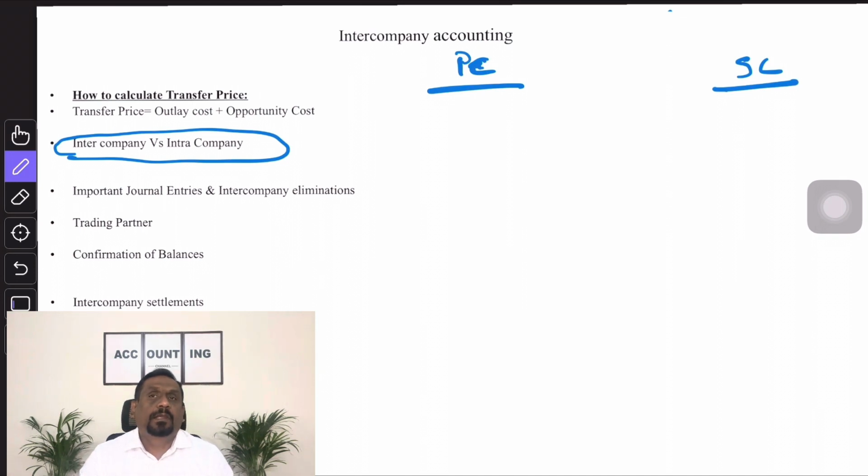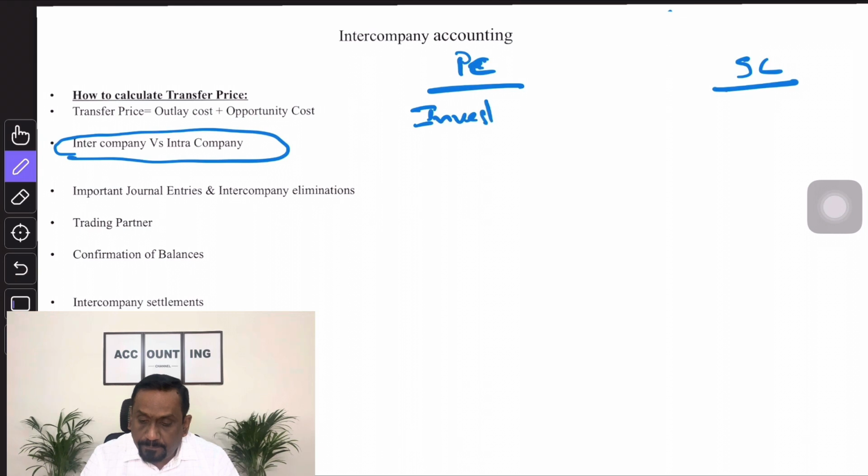Okay? Now, parent company has decided to invest capital in subsidiary. X Limited has decided to invest capital in subsidiary. What entry will the parent company post? What will the parent company do?